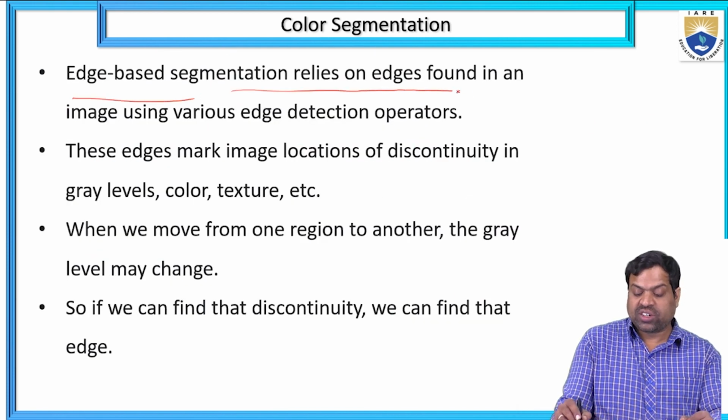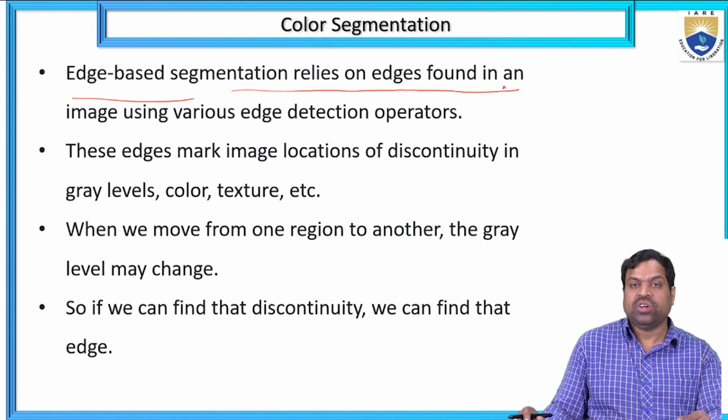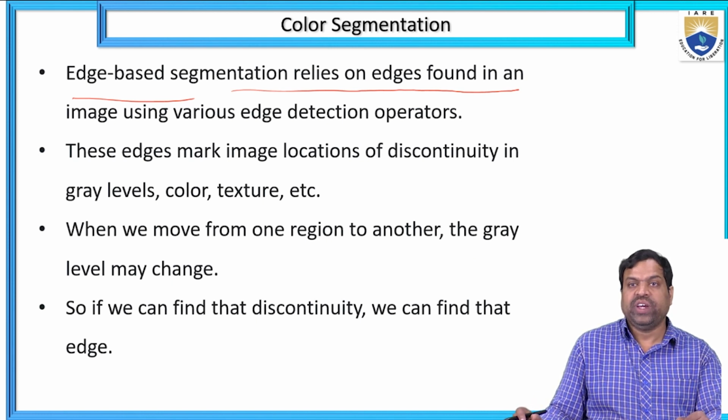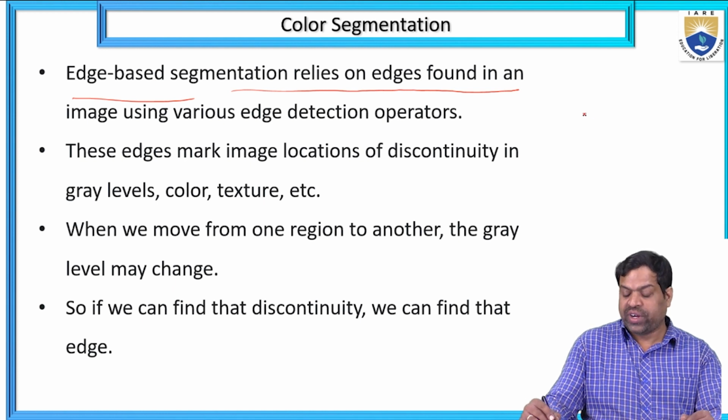Edge-based segmentation relies on edges found in an image using various edge detection operations. These edges mark image locations of discontinuity in gray level, color, texture, etc. When we move from one region to another, the gray level may change. If we can find the discontinuity, we can find the edges.